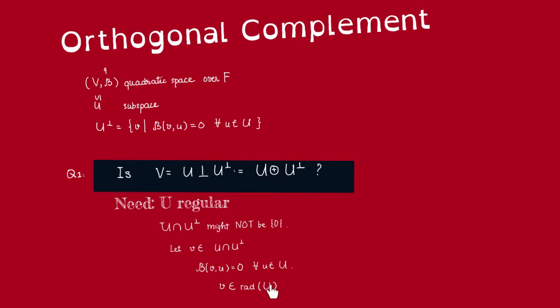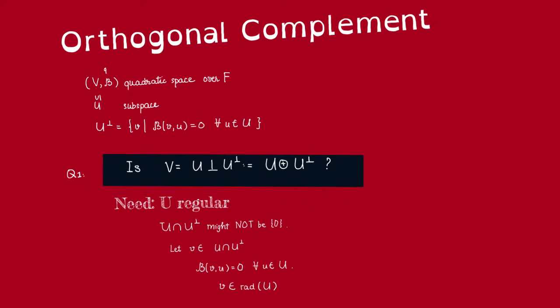Well, if U is not regular, then the radical of U will contain some non-zero vector V. And by definition, V is going to be orthogonal to every vector in U. So V must lie in U perp, but V lies also in U, so this intersection is not trivial. Thus, a necessary condition for V to be written as a direct sum of U and U perp is that U is regular. This turns out to be a sufficient condition.